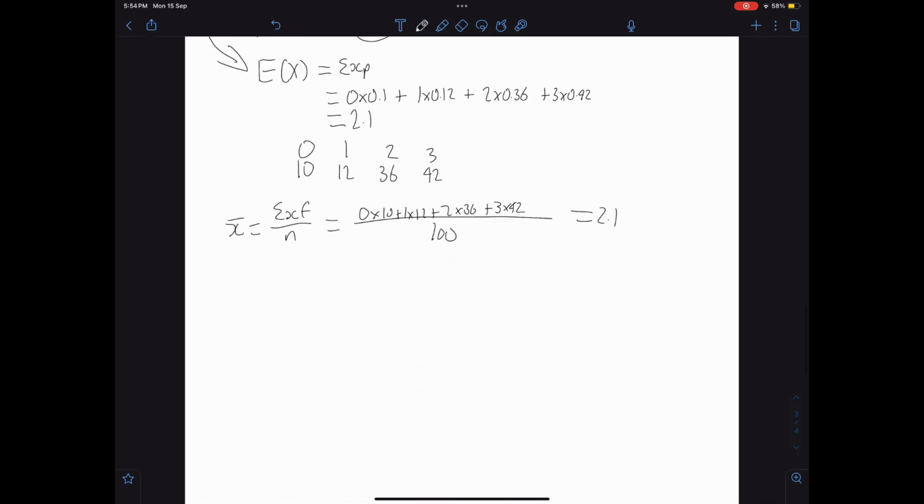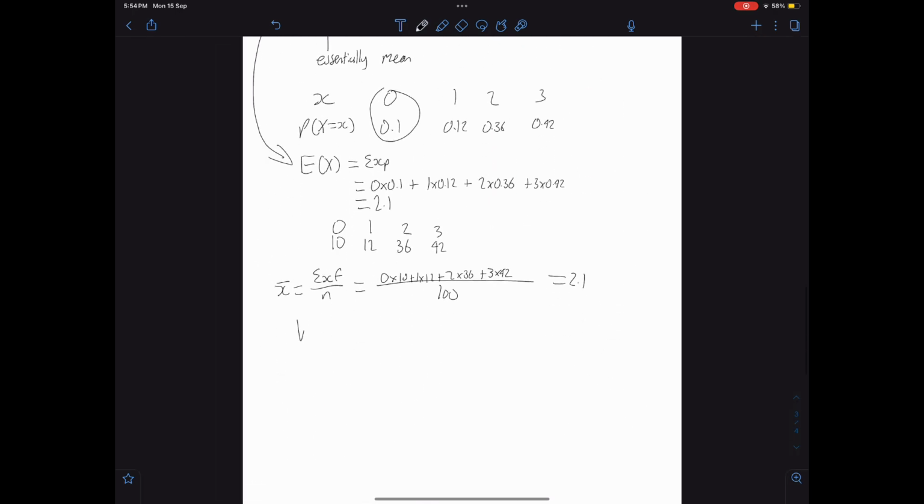And so that should tell you that for the variance, we do something very similar to how we did variance in representation of data. We do the sum of x squared p, minus the expected value, which is the mean, squared.